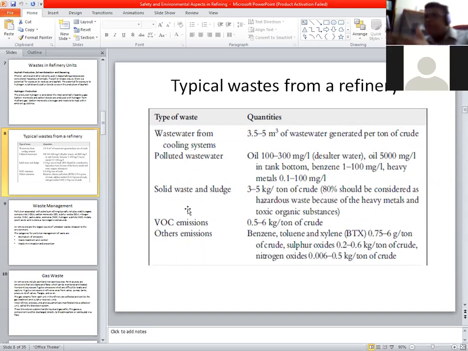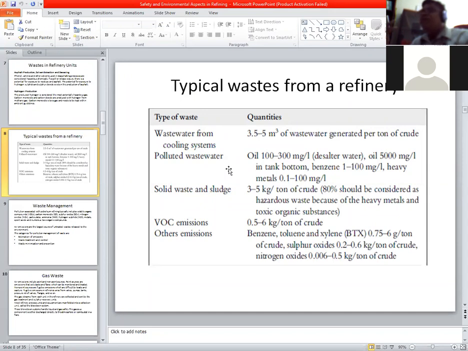So as I told, maybe some elaborate type questions also come, like what are the gas waste or what are the water waste. So these are the quantities, but you have to know what are the gas waste. Gas waste, I already told several times: hydrogen sulfide, carbon dioxide, carbon monoxide, SOx, NOx, all this.